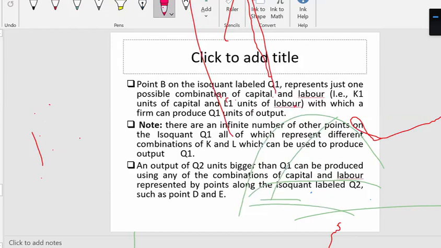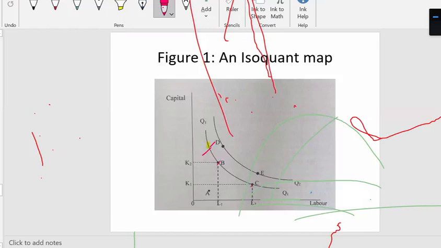If you need to produce Q1 at this level, we need something like that. This curve here, we call it iso-quantity. This also is iso-quantity. The curve showing a combination of two factor inputs producing the same level of output.